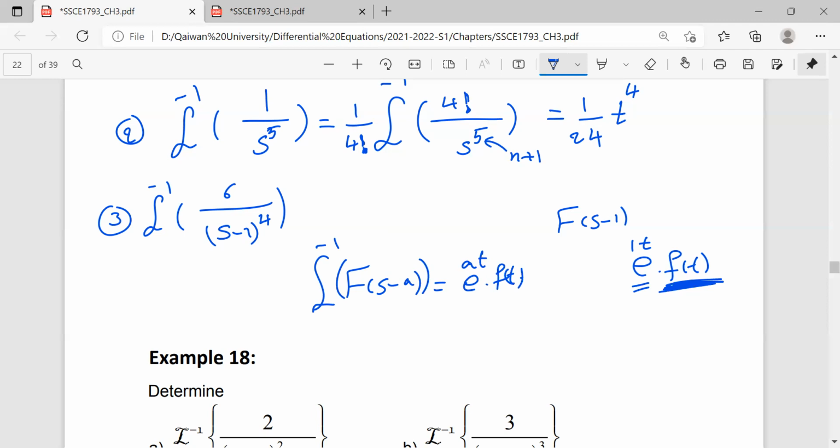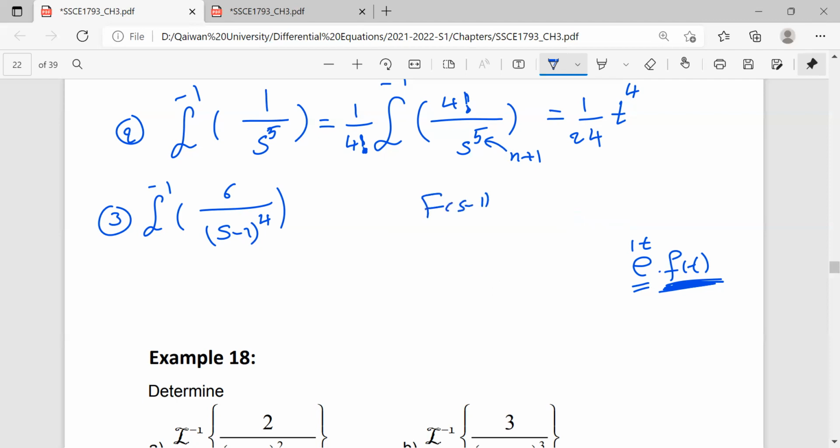How? This is F of s minus a, which is 1, of 6 over s minus 1 to the power 4. So F of s minus 1 equals 6 over s minus 1 to the power 4.